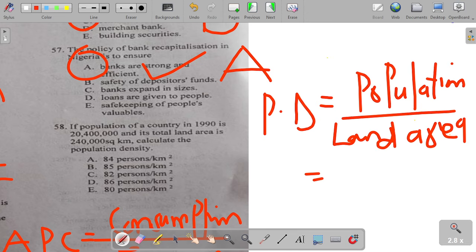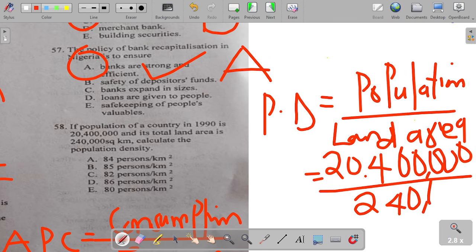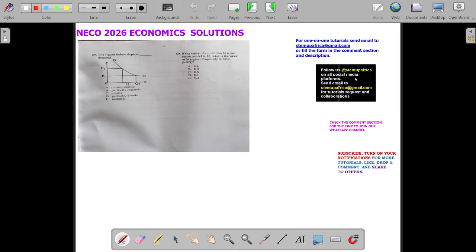The population given to us is 204 million over 240,000. So if I divide 204,000,000 by 240,000, I'm having 85, which is option B.